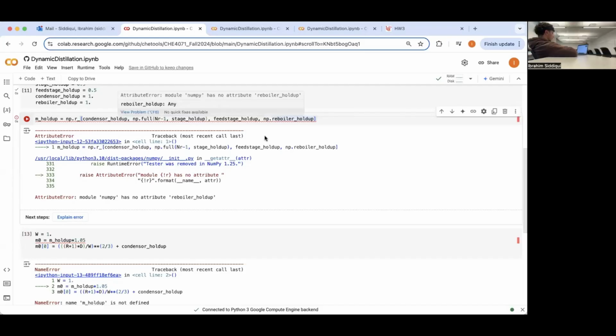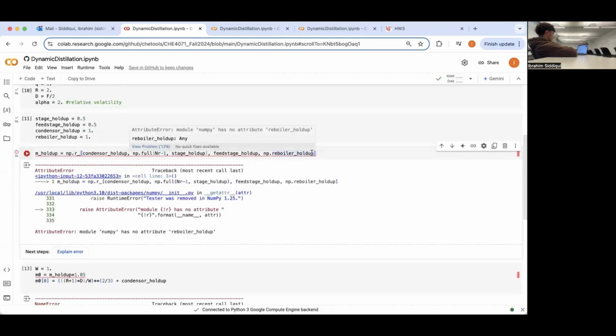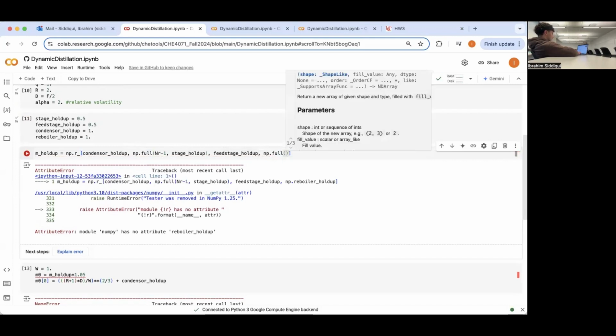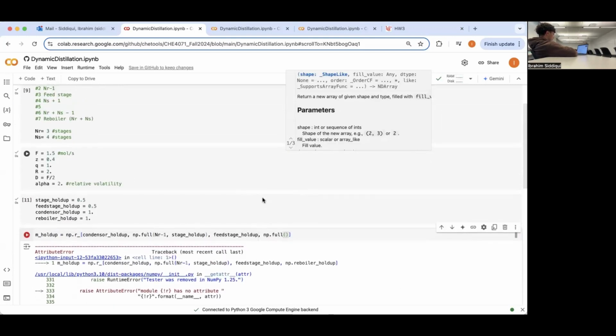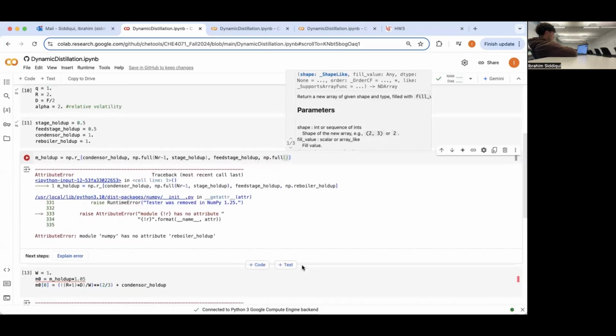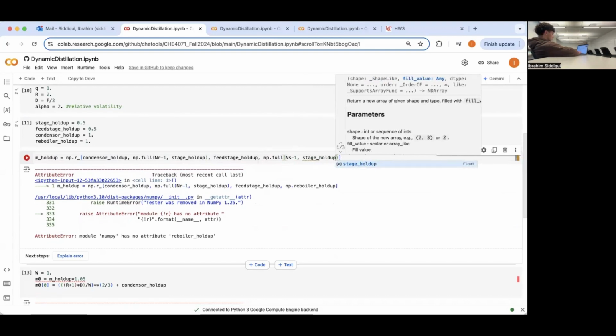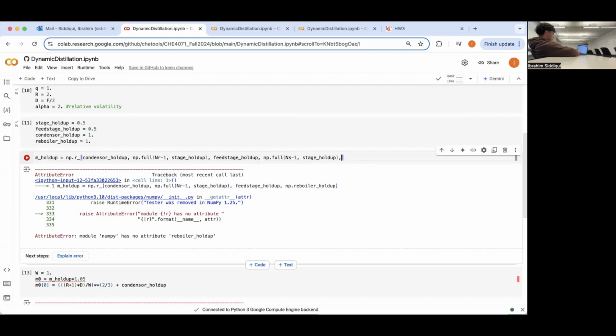Okay, all right. So we're back and we did have this error. I went ahead and moved on, but realized my mistake. Let's go ahead and erase this. So we're actually looking at an np.full, and if you go up here, again we're looking at our stripping section, so ns minus 1, and then our stage holdup here, then a comma, and then our reboiler_holdup.